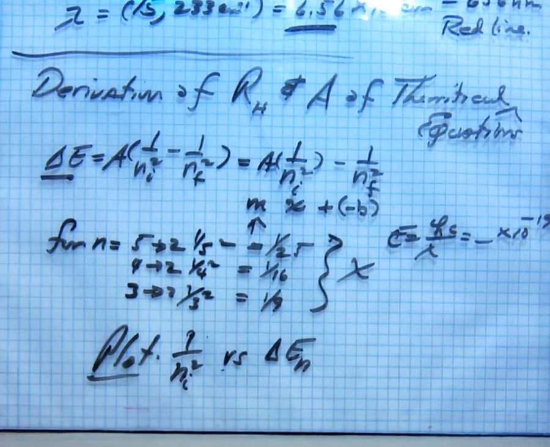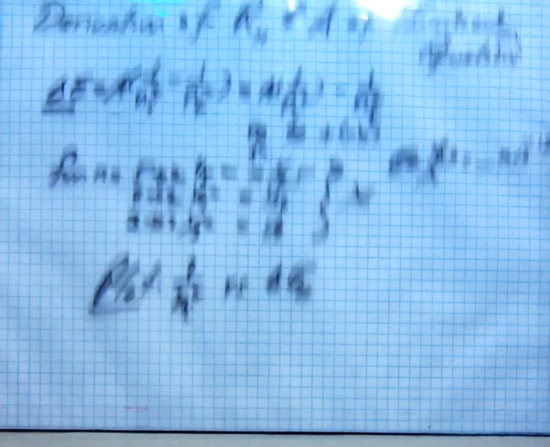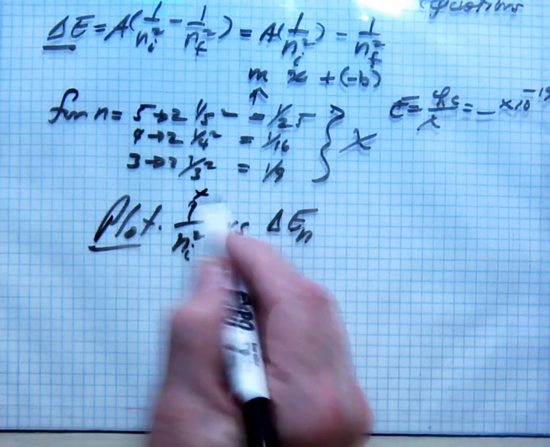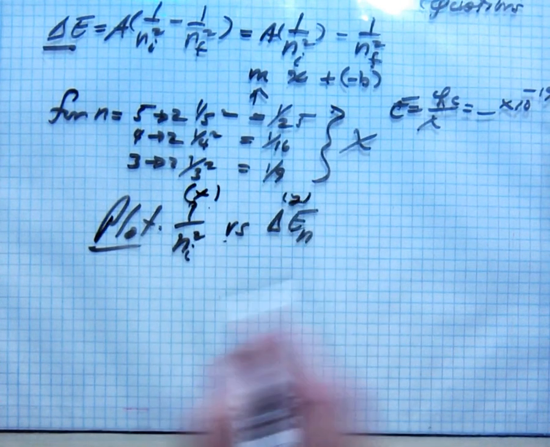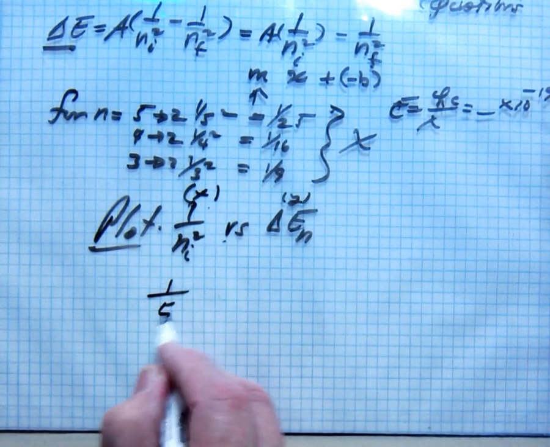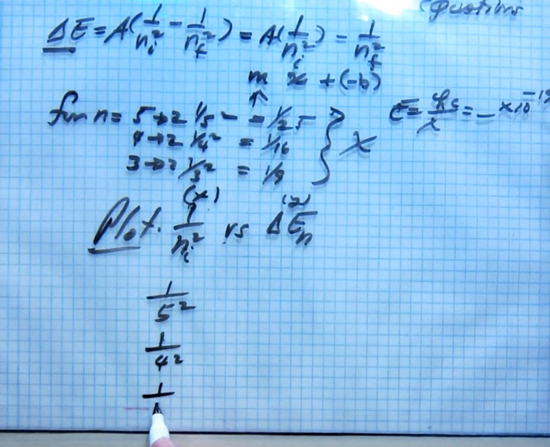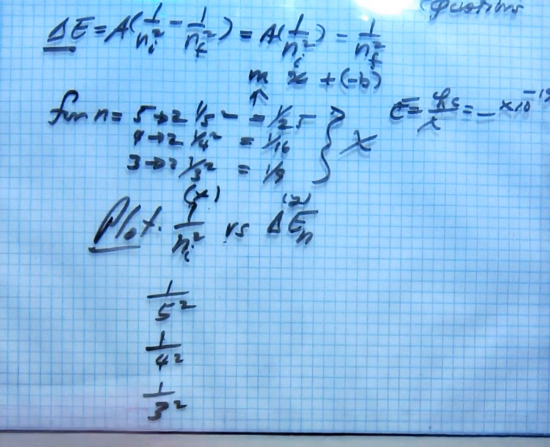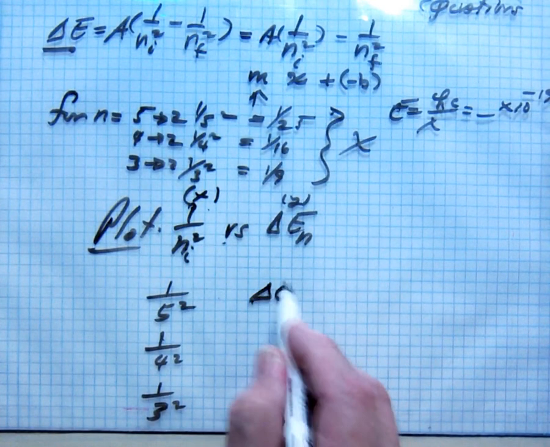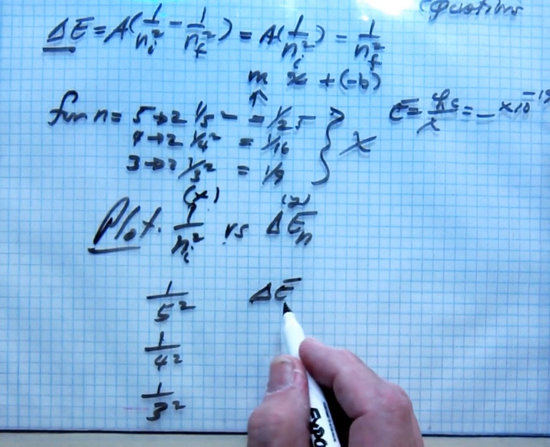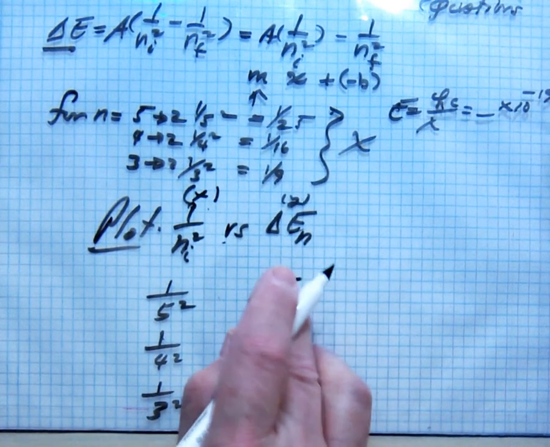So this is my X, these are my Y's. And so this one would be 1 over 5 squared, 1 over 4 squared, 1 over 3 squared, 3 to 2. And then I'd have delta E for the 5 to 2, that's the blue line.